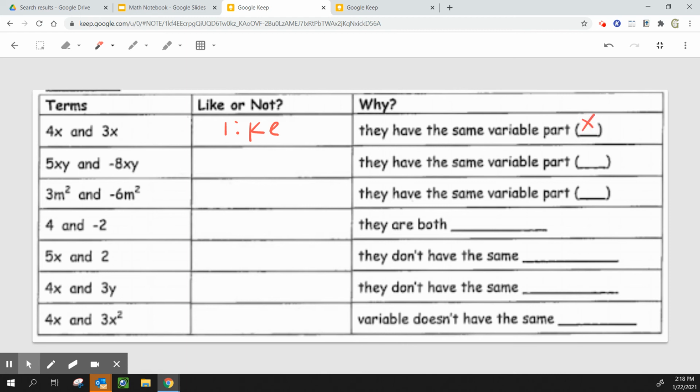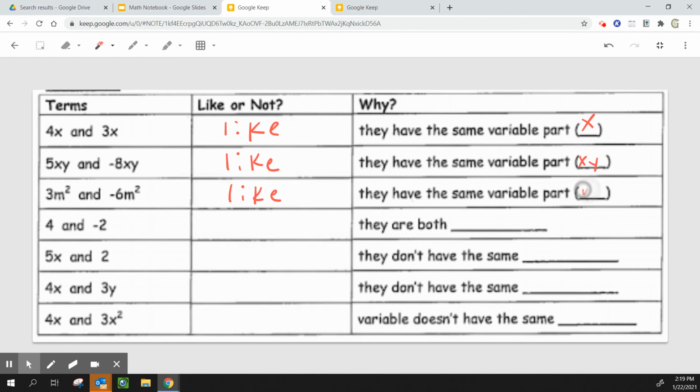5xy and -8xy, are they like or not? I would say they are like because they have the same variable part. It's two of them, right? xy, but still both have xy. 3m squared and -6m squared, are they like or not? I would say like because they have the same variable part.